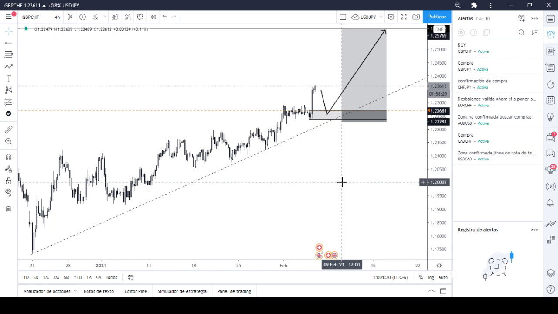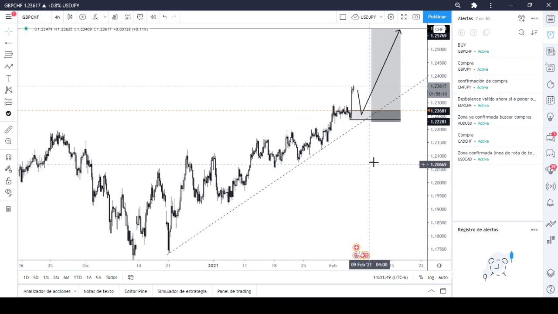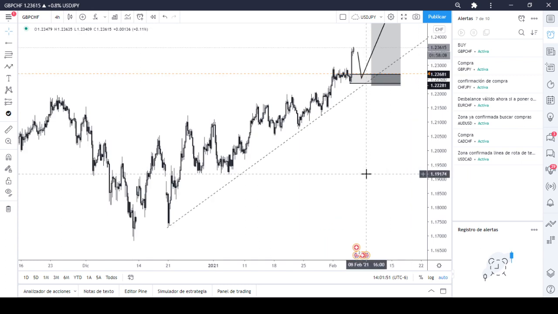So if I see a potential setup like this one going up, and I see price action telling me that sellers are being removed or are taken out from the market, I get a position for a long. So that's basically supply and demand. It's a very simple strategy. You don't need to know that much, but yeah, it takes time to basically master it.